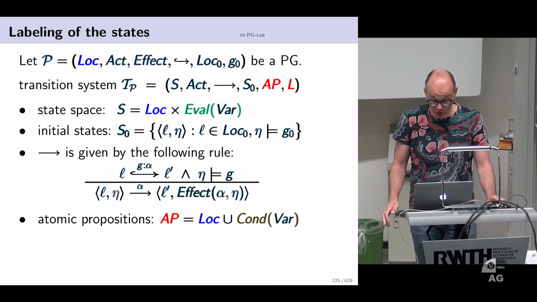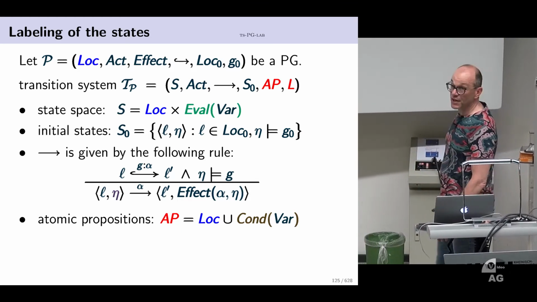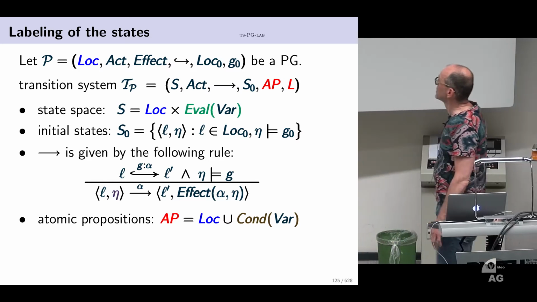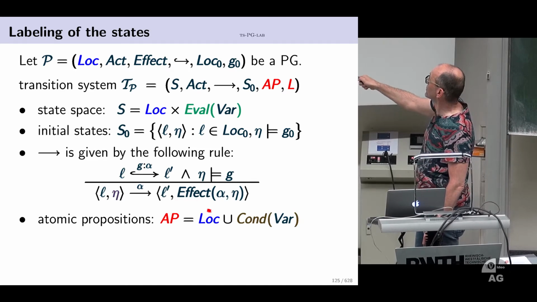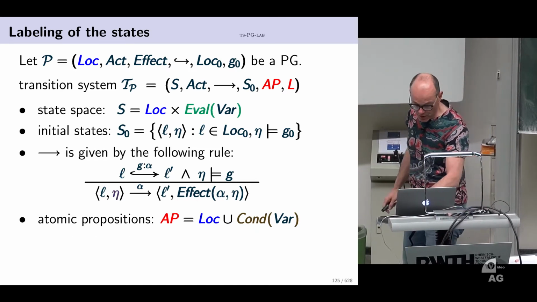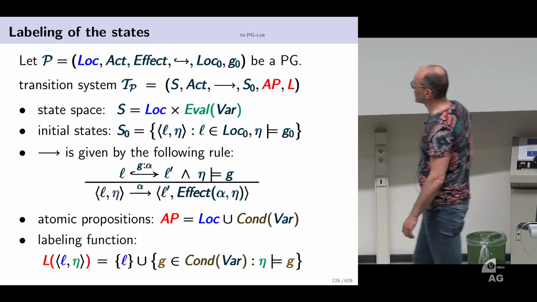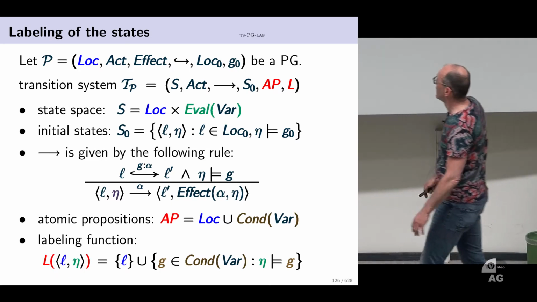Last part: what are the atomic conditions or propositions? Well, that's a bit debatable. There are different ways to define this. In this slide, I said, let's suppose that I can define what the current location is, and maybe we have conditions over the variables. And then you have a labeling function. The labeling function takes a state of the transition system. Remember, these are pairs.